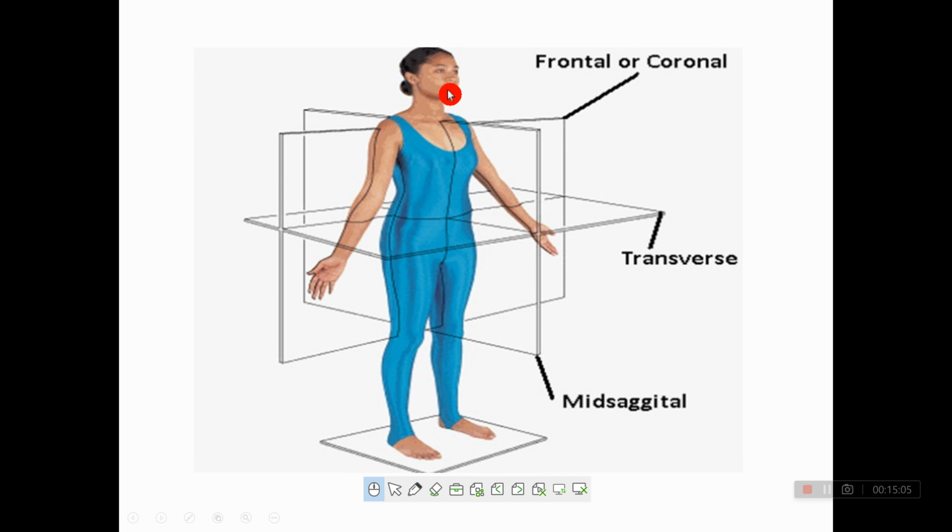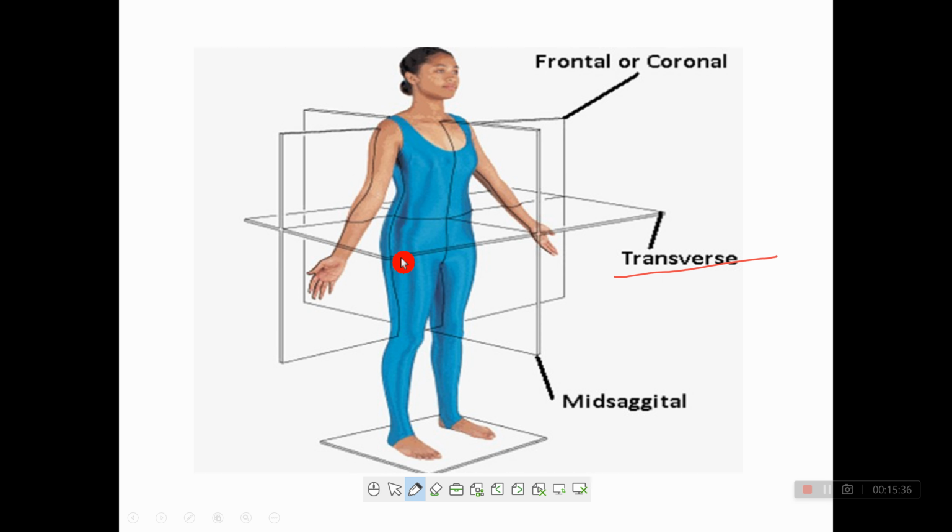If I say I cut an organ in the sagittal plane, or I am talking about the sagittal plane of the body, I am talking about the two equal right and left halves. Now the transverse plane.